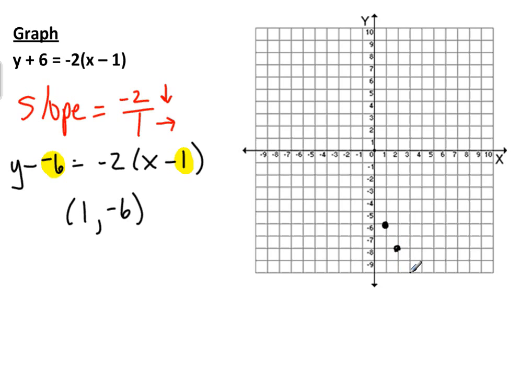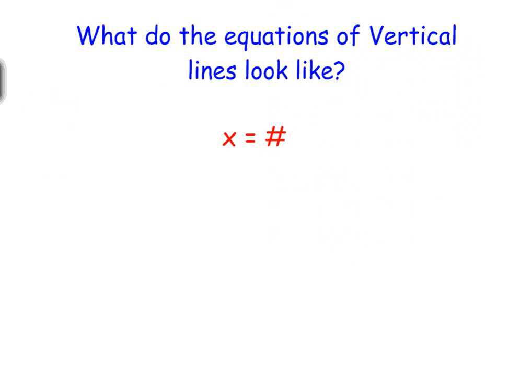But I'm going to continue them. Down 2, right 1, up 2, left 1. I'm going to do this all the way across just to give me a more accurate line. Okay, so I'm going to use red. And then I'm going to connect my points. And that's how you do point slope form.